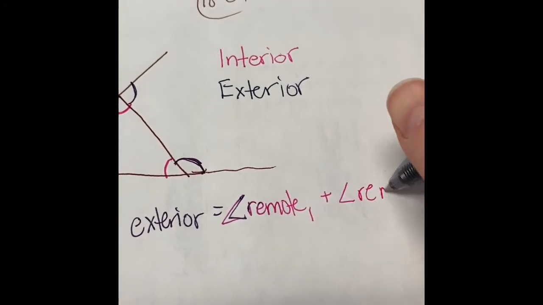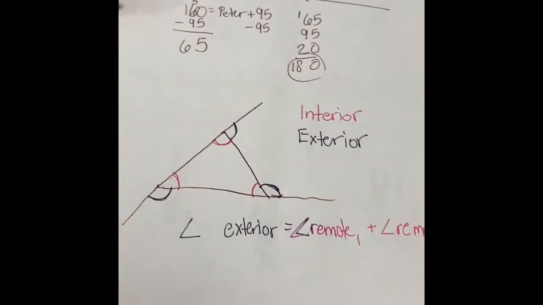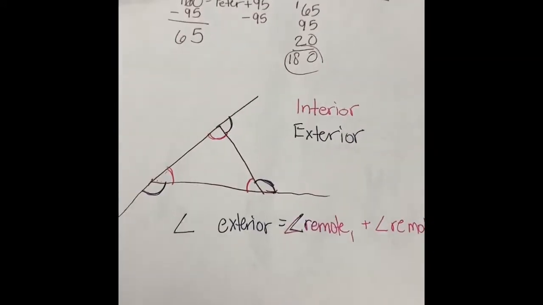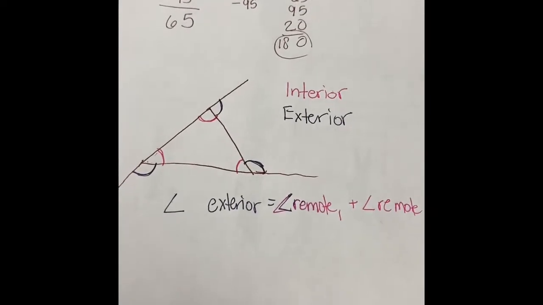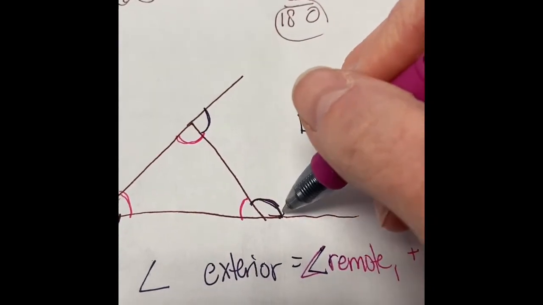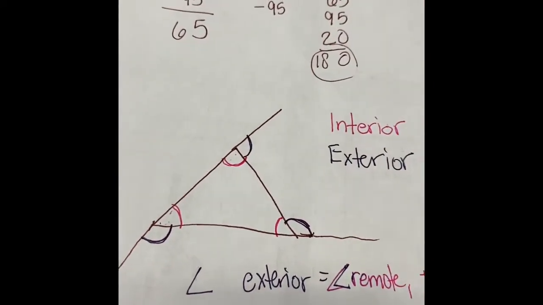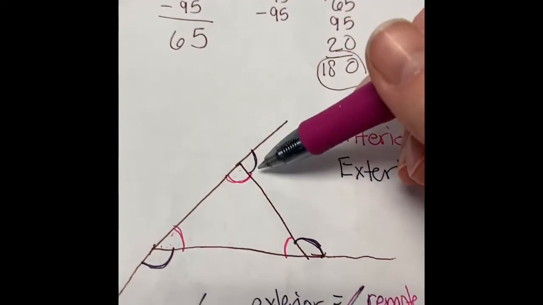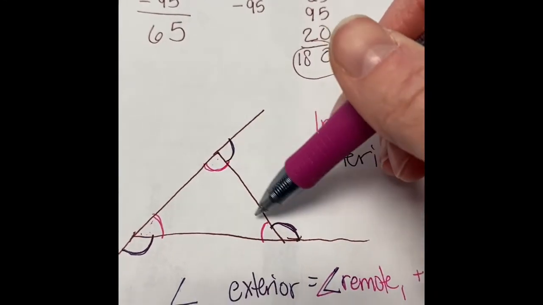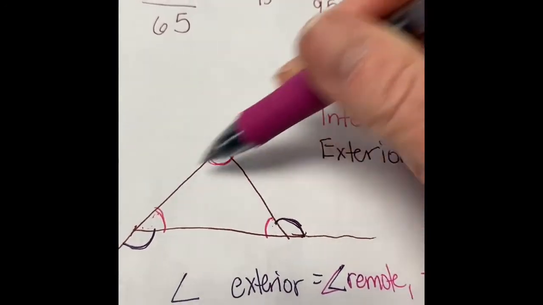What in the world? What do we mean by remote angles? Well, think about the remote control that you have. The remote control makes it so that you can use your TV from far away, right? So the exterior angle is equal to the two far away angles on the inside added to each other, which is what we already figured out. This exterior angle is the sum of these two angles that are on the inside that are far away.